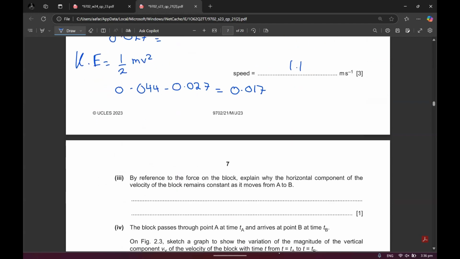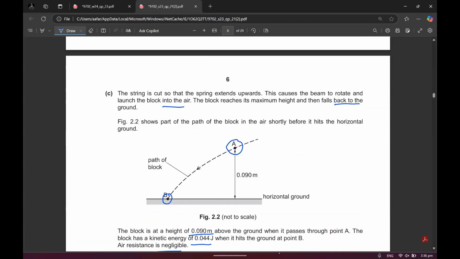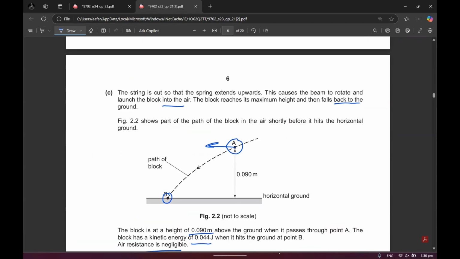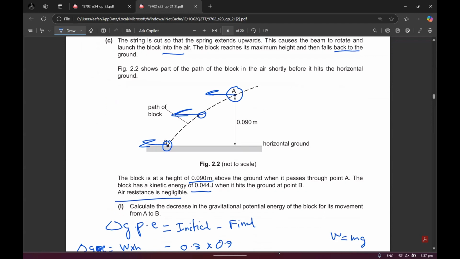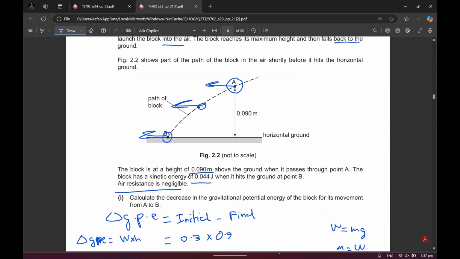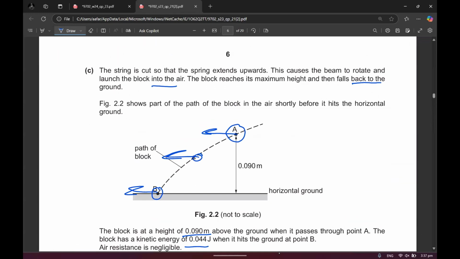By reference to the force on the block, explain why the horizontal component of the velocity of the block remains constant as it moves from A to B. Basically, the horizontal component of velocity over here is the same as over here. Velocity will only change if there is acceleration, and there is acceleration only when there is a resultant force. However, you can see that in the horizontal plane, there is no force acting on the block.